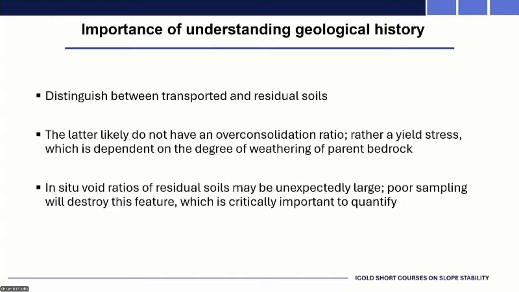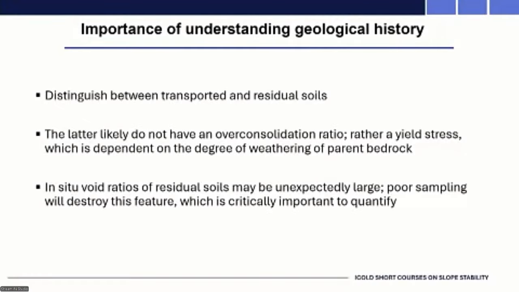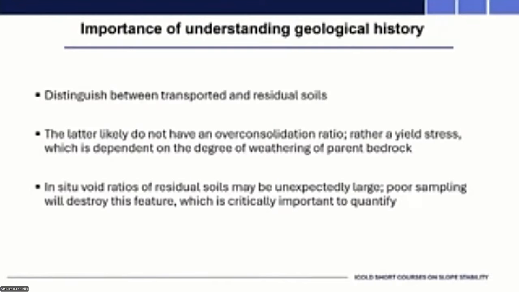Well, it's not dependent on depth, whereas the pre-consolidation pressure varies for different depths in an overconsolidated material because it's been subjected to different initial loading and different unloading. So your overconsolidation ratio varies with depth, and likewise your pre-consolidation pressure, but it's related to depth.